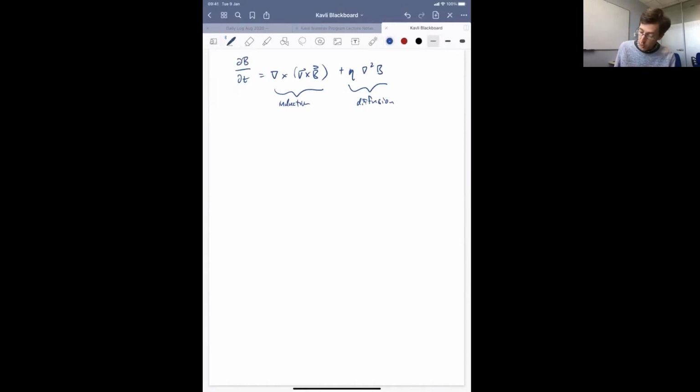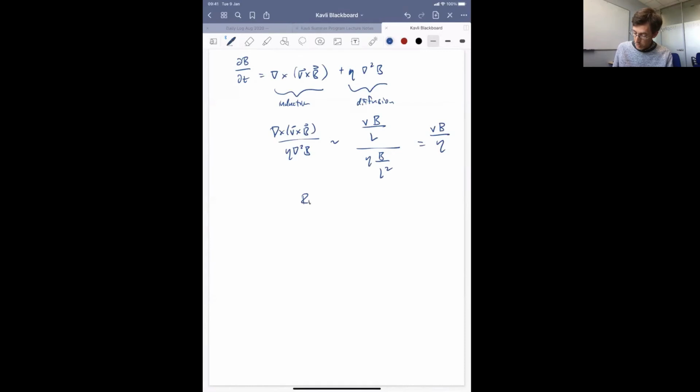If we take the ratio of these two things, del cross (v cross B) over eta del squared B, and play the same game as before of assuming some characteristic length scale, that's going to look like v L over eta.